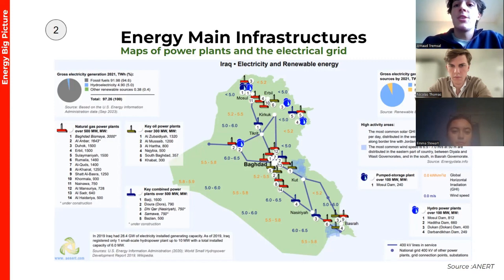We talked about hydroelectricity, and 4 dams are used in the country. The most notable one is the Mosul Dam at the very north of the country, with 812 megawatts installed. Its national grid follows the oil and gas pipeline infrastructures from Mosul to Qasr in the south.